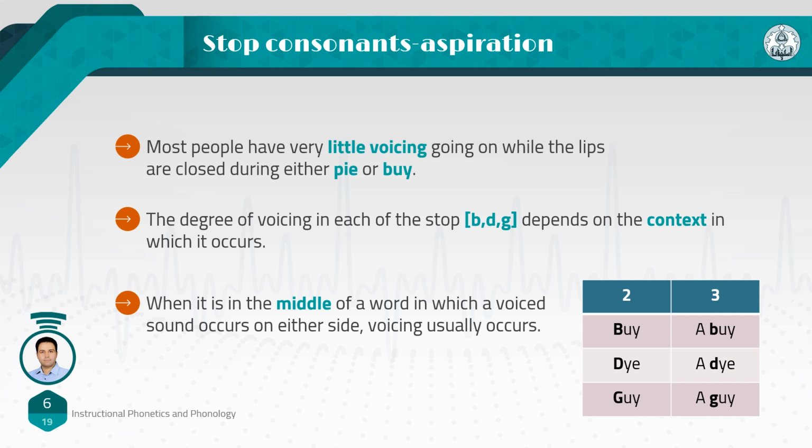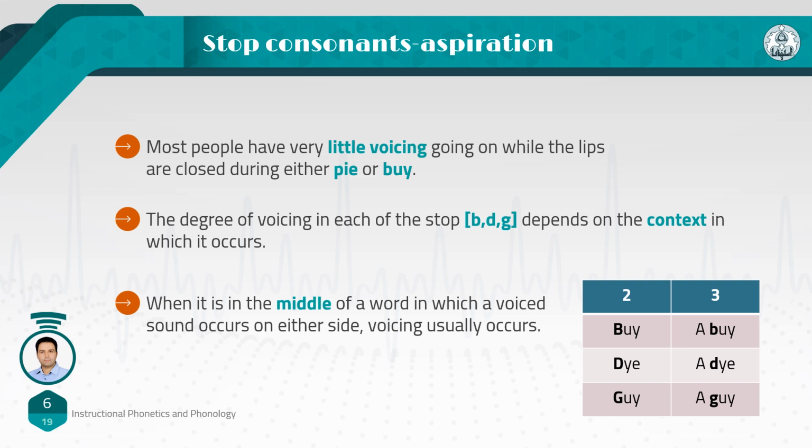So, as you can see in the third column, a buy, a die, a guy, voicing occurs throughout the stop closure because it is in the middle of a word in which you have a voiced sound before and after it. A, by, after b, you have a, and before b, you have a.